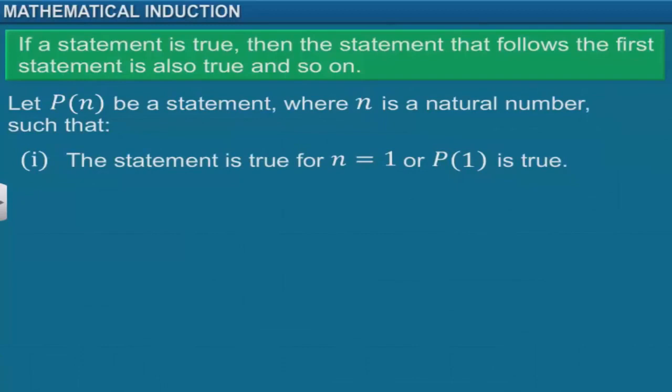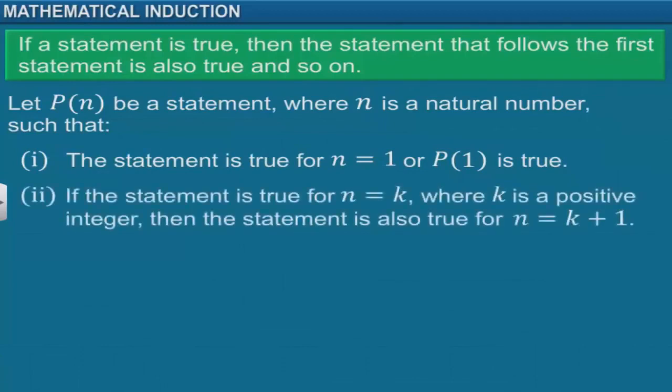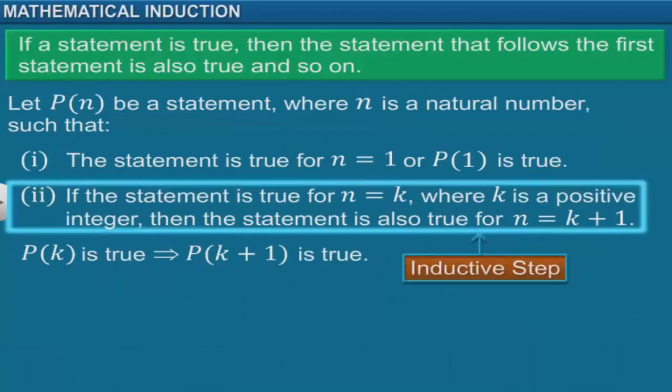Or in other words, P of 1 is true. If the statement is true for n equal to k, where k is a positive integer, then the statement is true for n equal to k plus 1. In other words, if P of k is true, then P of k plus 1 is also true. This is also referred to as the inductive step.